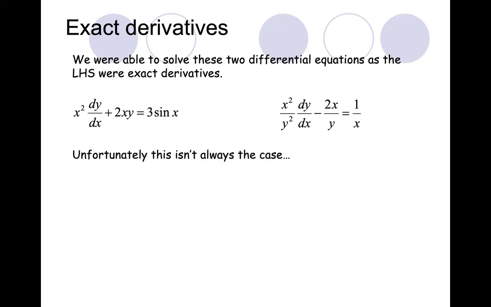But in many differential equations, you are not going to have the left-hand side as an exact derivative of some product. Many differential equations you cannot separate the variables. For example, this one. This left-hand side is not an exact product of something.